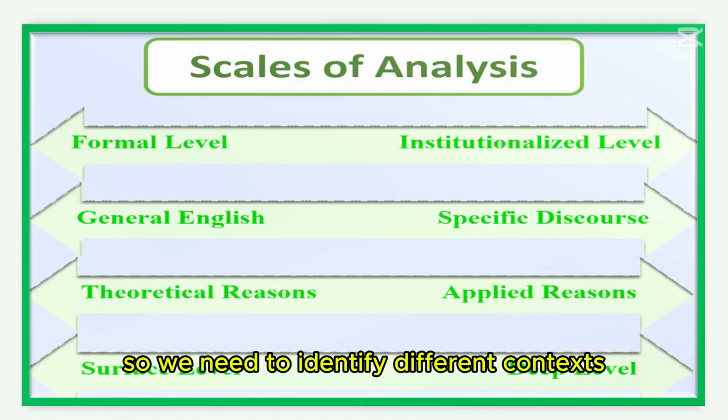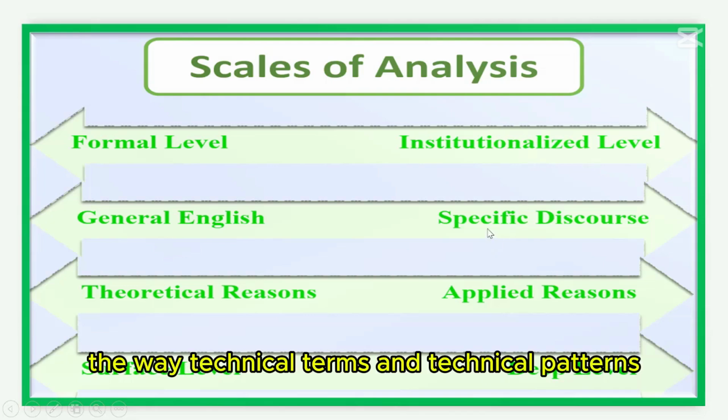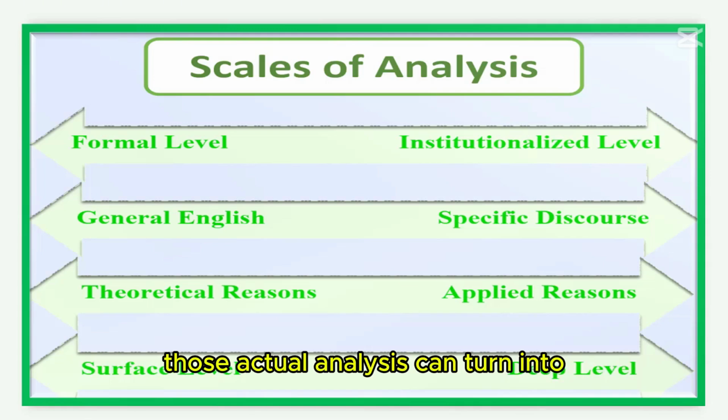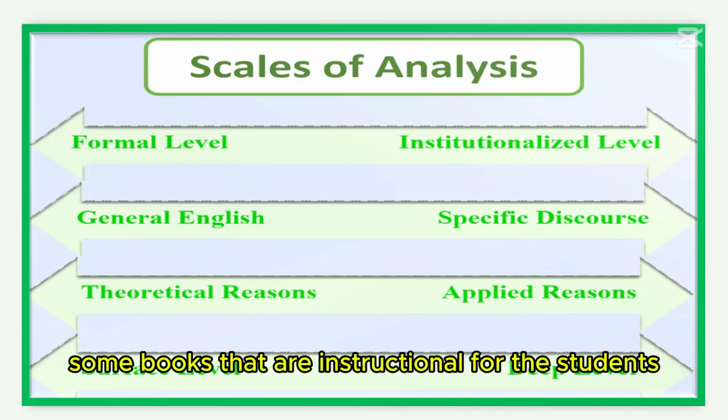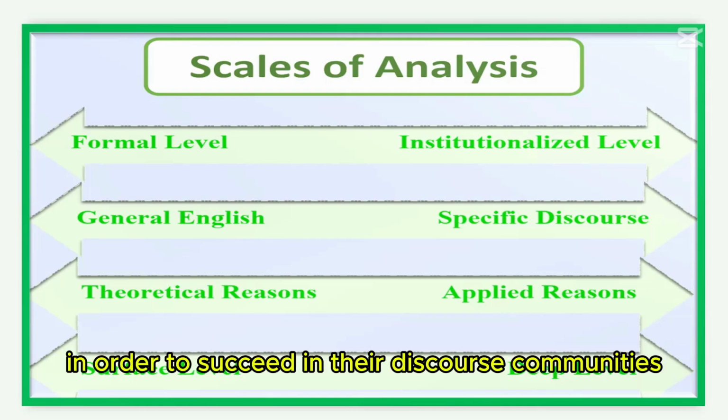So we need to identify different contexts and the way language is used across different institutions, the way technical terms and technical patterns exist in those contexts, and the way those findings, those actual analyses can turn into some books that are instructional for the students, some guidelines for the students in order to use language well, in order to succeed in their discourse communities.